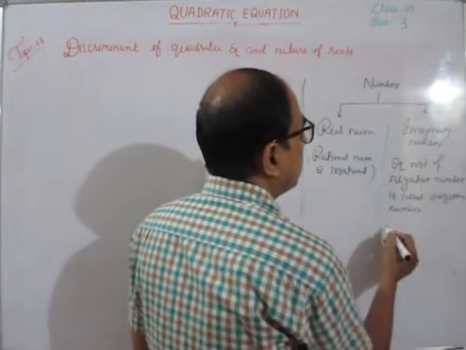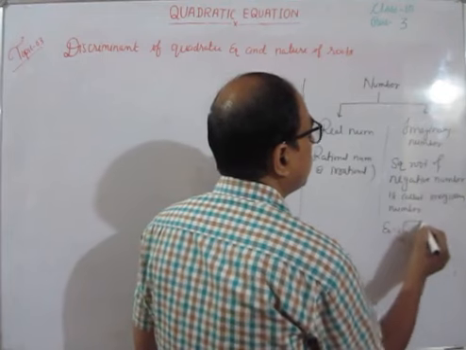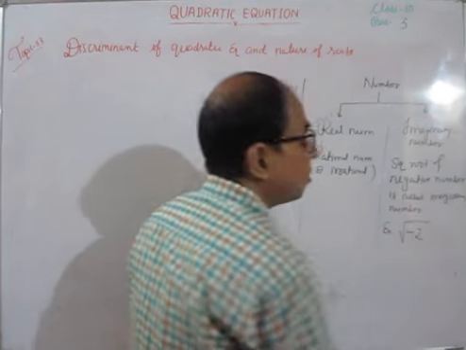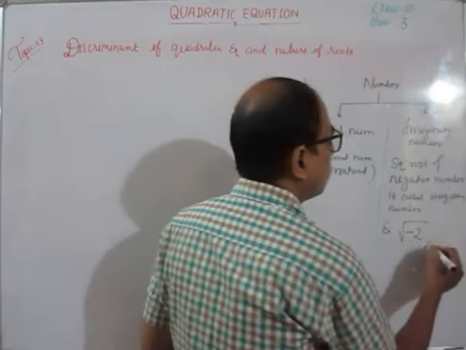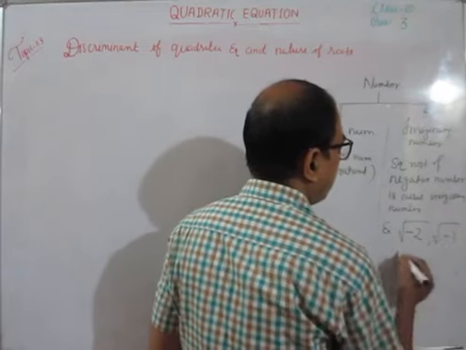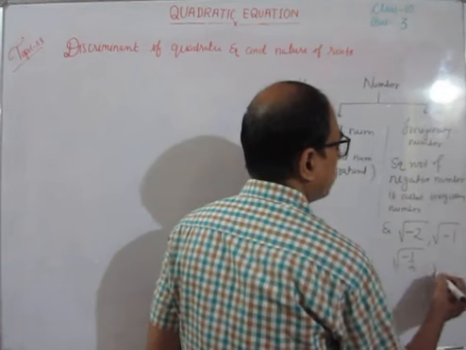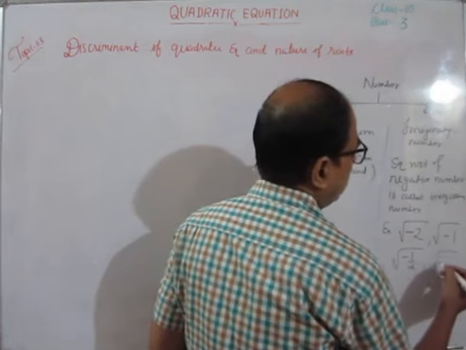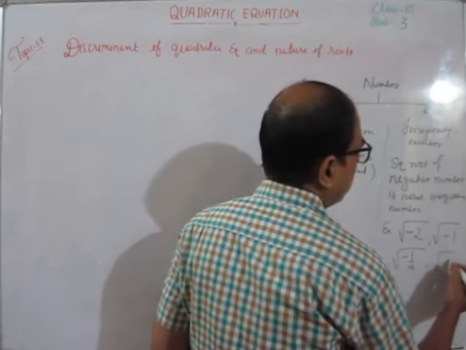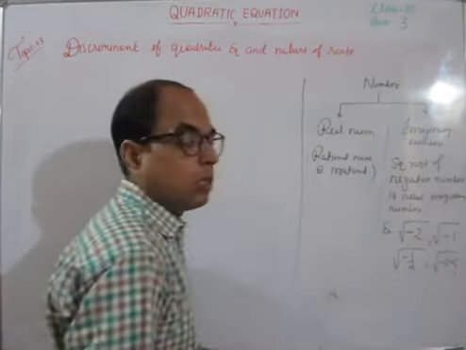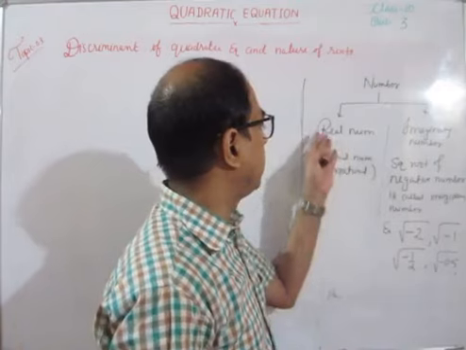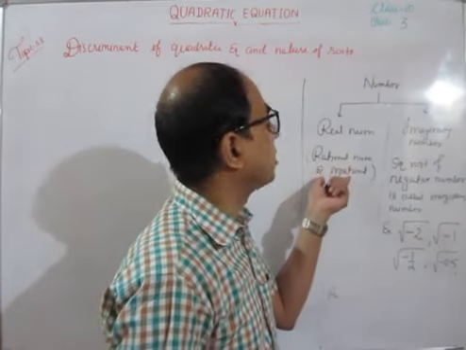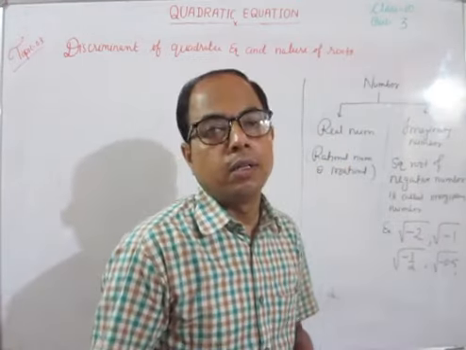For example, square root of -2 is an imaginary number. Square root of -1, square root of -1/2, square root of -0.5, these are called imaginary numbers. And what is a real number? All the rational numbers and irrational numbers together are called real numbers.